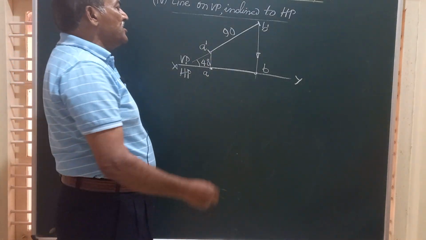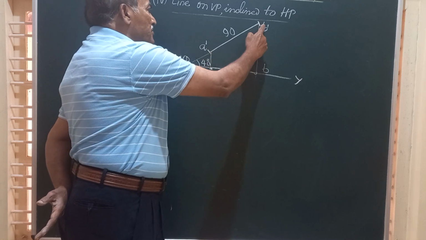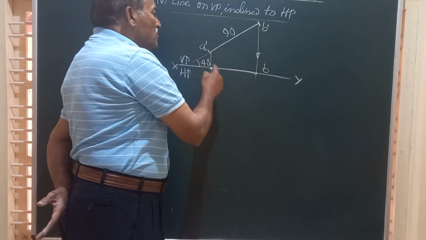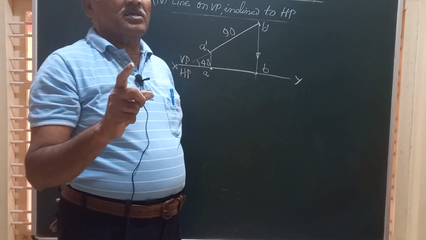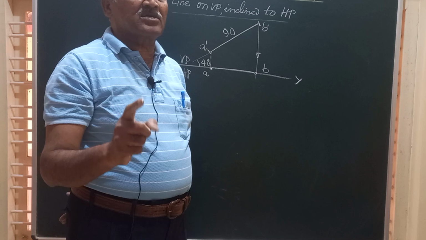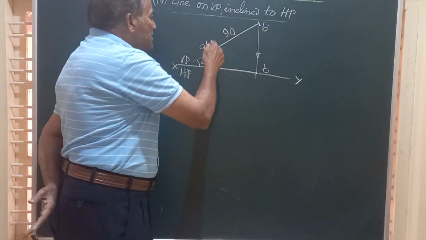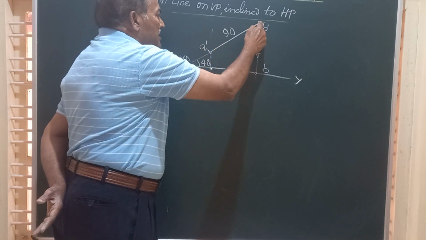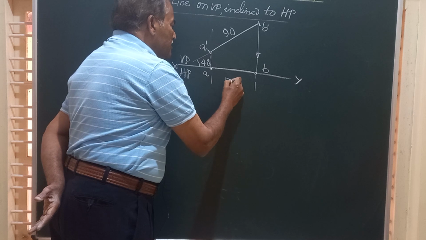Friends, you can see here there are lines connecting A dash and A, B dash and B, and these two lines A dash A and B dash B are called the projectors or end projectors of the line, and the distance between A dash A and B dash B is represented by DEP.